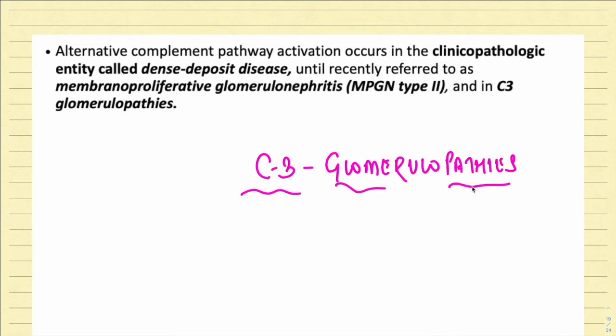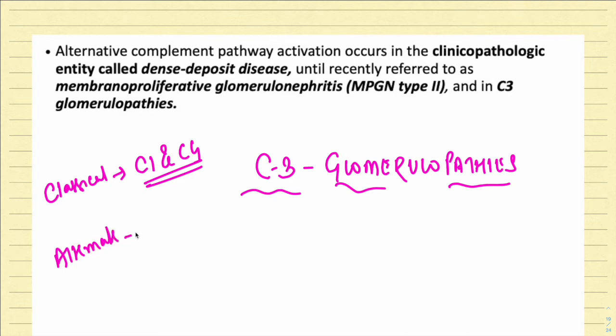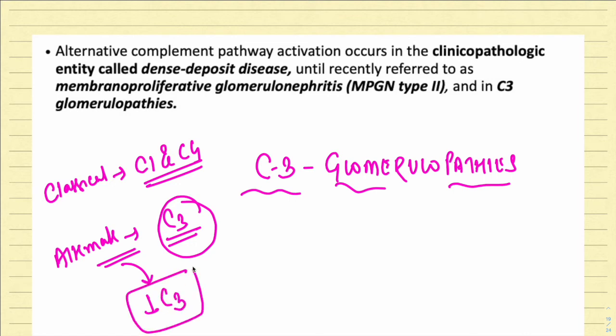Remember that there are two pathways of complement activation: the classical pathway and the alternate pathway. In the classical pathway, the early components C1 and C4 are classically involved, whereas in the alternate pathway, C3 is classically involved. Therefore one of the hallmarks of alternate pathway involvement in glomerulonephritis is a decrease in complement C3 levels. I will discuss this.